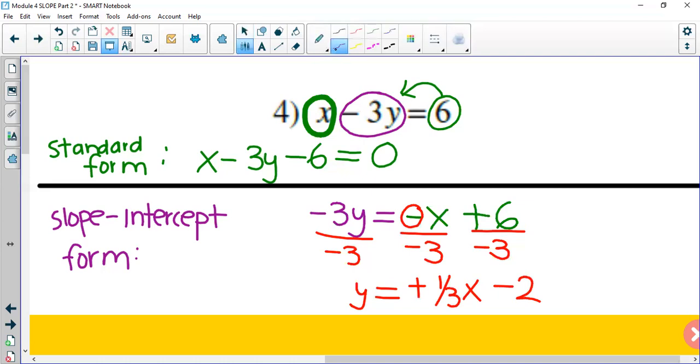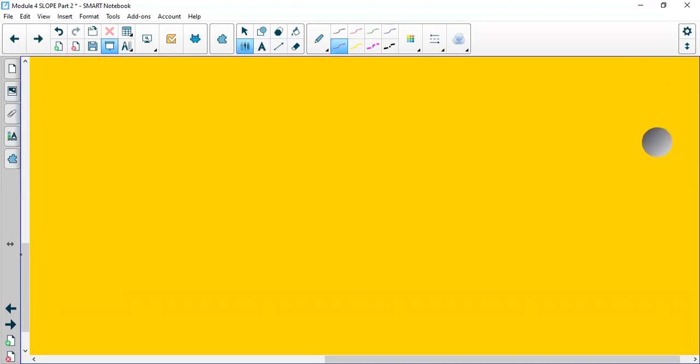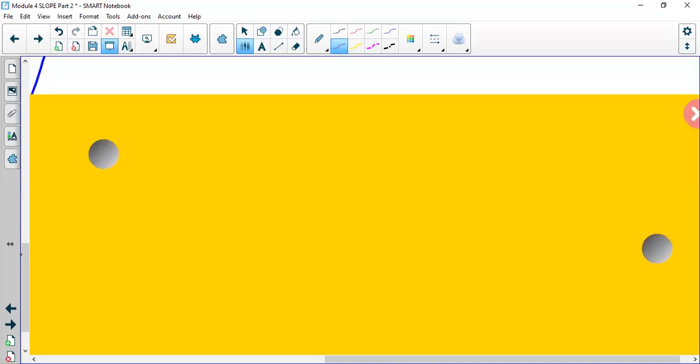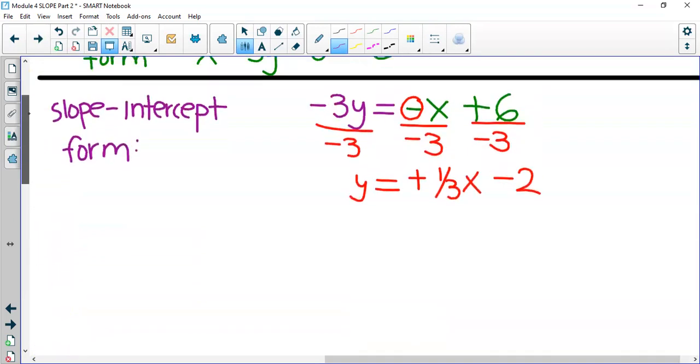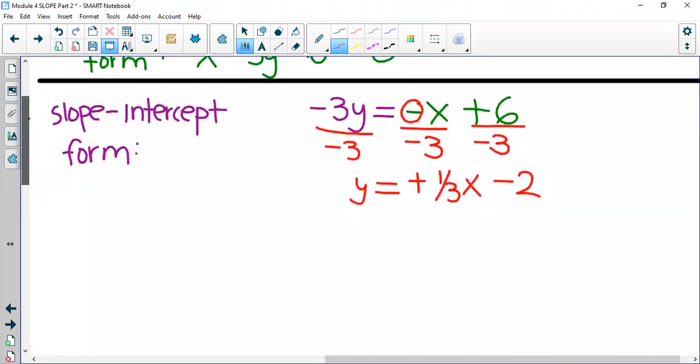So now I can state that my slope, my m, is equal to 1/3.